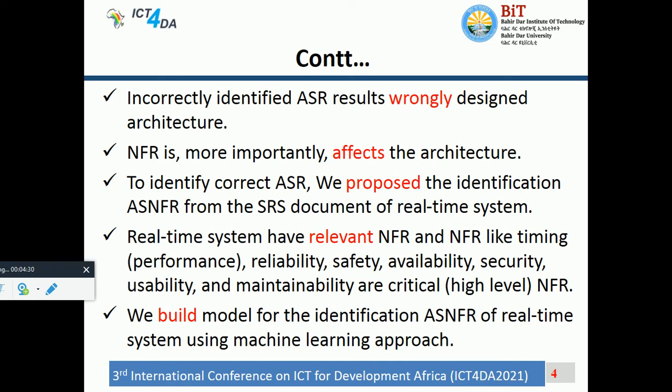From those, timing or performance, reliability, safety, availability, security, usability, and maintenance are the critical or high-level non-functional requirements. Missing those high-level non-functional requirements is highly risky, and it leads architectures to wrong design. The wrong design leads to the complete failure of the systems. So in this research we built a model for the identification of architecturally significant non-functional requirements of a real-time system using machine learning approaches.